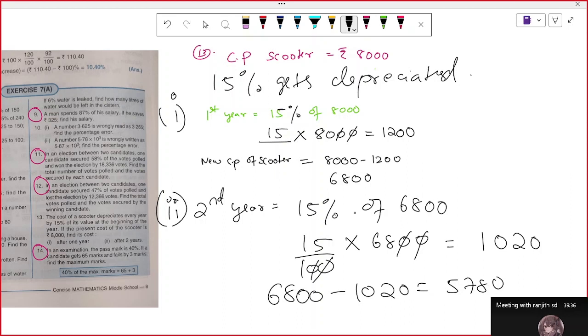Which question? The 13th one. Check the answer. Yes, correct. So you have to reduce twice. It's like giving a discount; year by year, it's getting reduced.